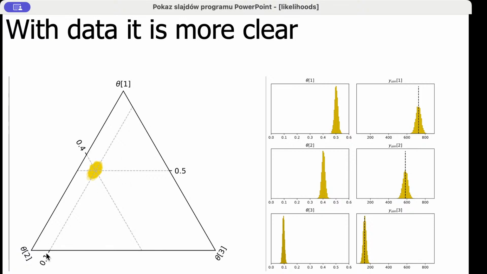So the values of parameters for each of those candidates are located as we see here.